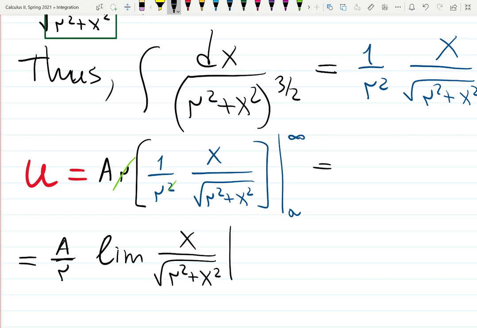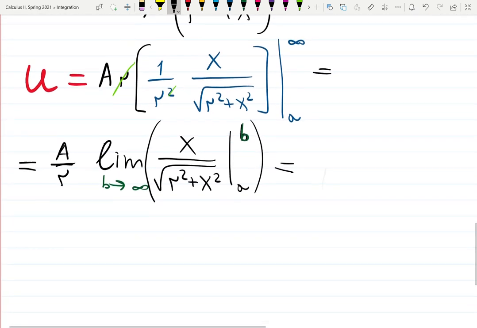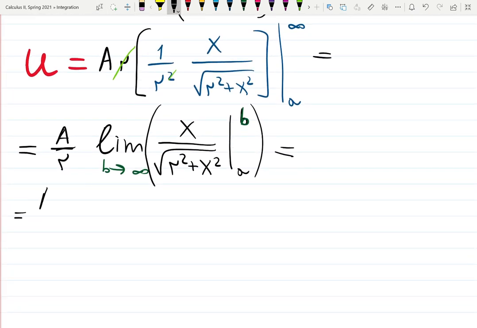Then I have x all over the square root of r squared plus x squared. A bar from a, what do you want, b or t? Let's do b. Let's put it in green. b goes to infinity. Plug the top minus the bottom. We know how to do that. a over r, limit, b goes to infinity.